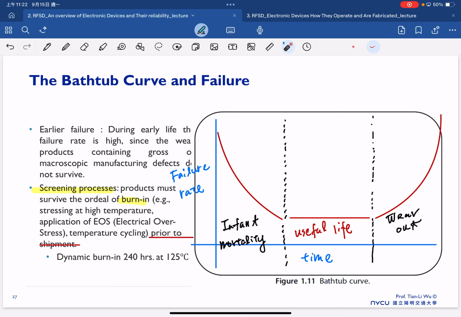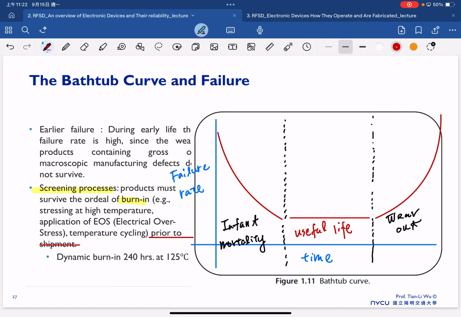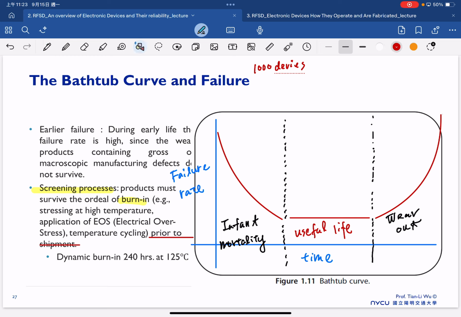Let me give you an example to give you some more sense. For example, in the beginning, you produce 1,000 devices, but some devices suffer a very high failure rate because of defects, process issues, and lots of other issues. So we first have the screening process, which is where we do the burn-in.